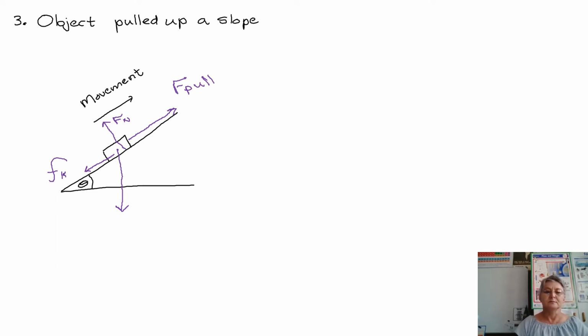The situation is the following. If it's moving, then it's possibly moving at a constant velocity, but it's not to say it would be moving at a constant velocity, so there will be a net force acting on the object, which is the mass times acceleration, which could be a zero acceleration.